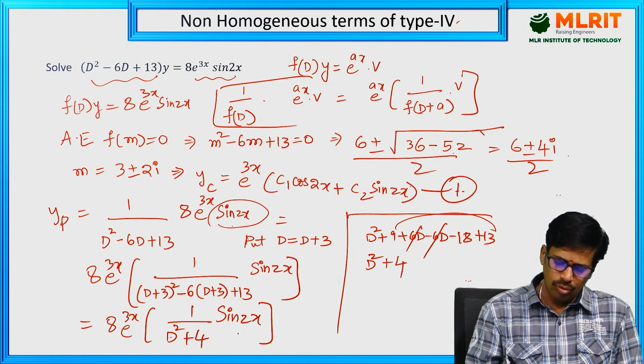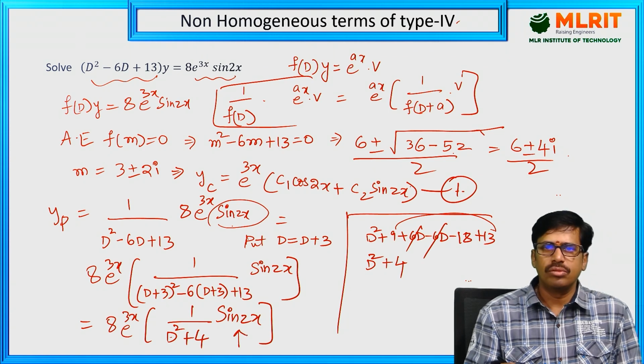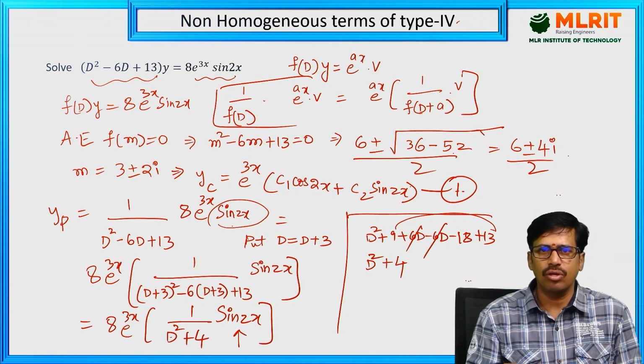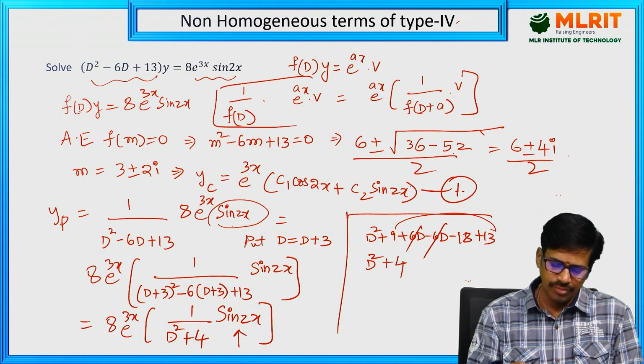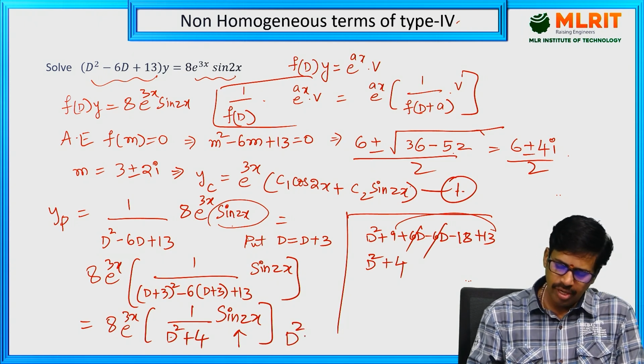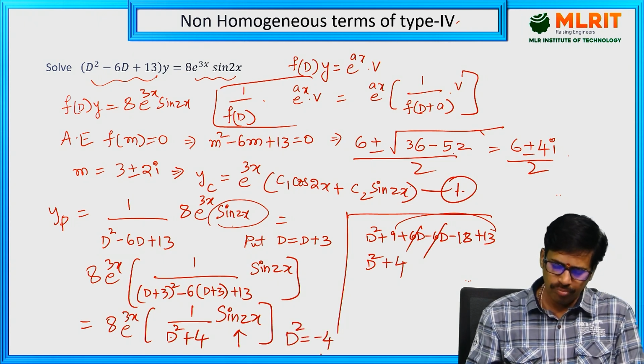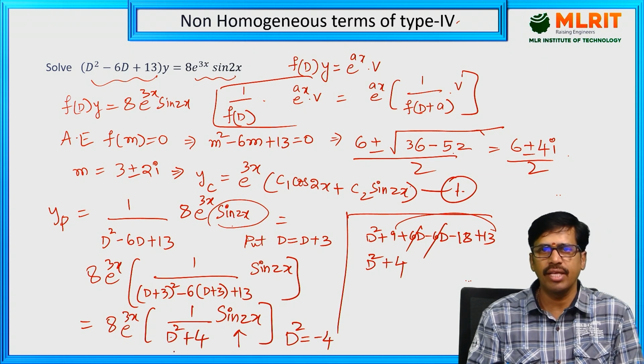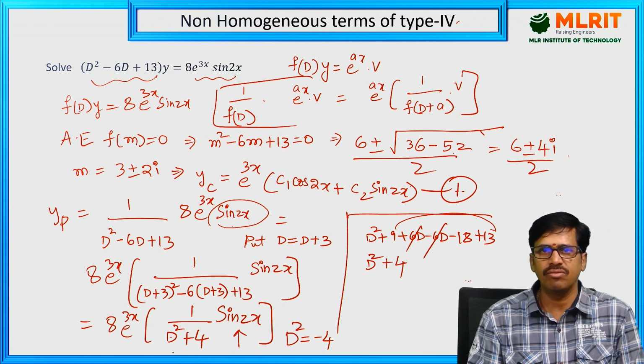So now this is of type 2, sin ax or sin bx or cos bx. So we have to substitute D squared equals minus 4. But if you get D squared equals minus 4 in the denominator, it will be 0. So in the failure case, we have a different formula.